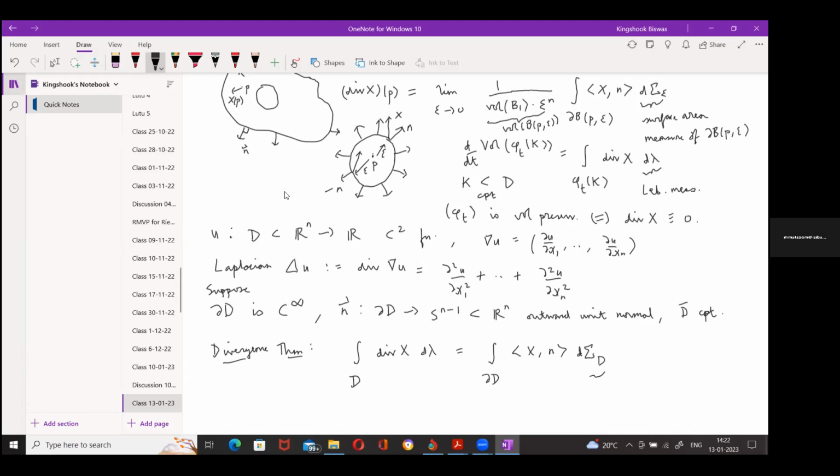This is again something we will define. This is a measure on the boundary.